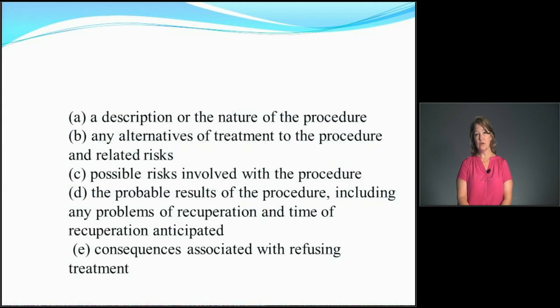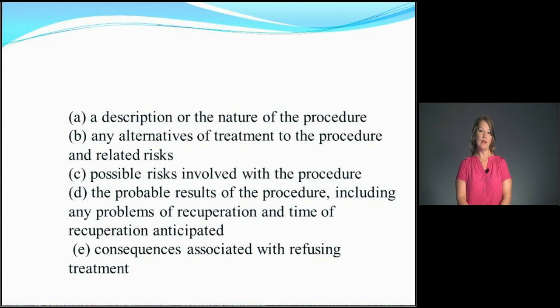Those areas include the description and nature of the procedure, any alternatives of treatment, and the relative risk related to those alternatives of treatment, possible risk involved with the procedure, probable results, including any problems of recuperation and time of recuperation anticipated, and then the consequences associated if the patient does refuse treatment.